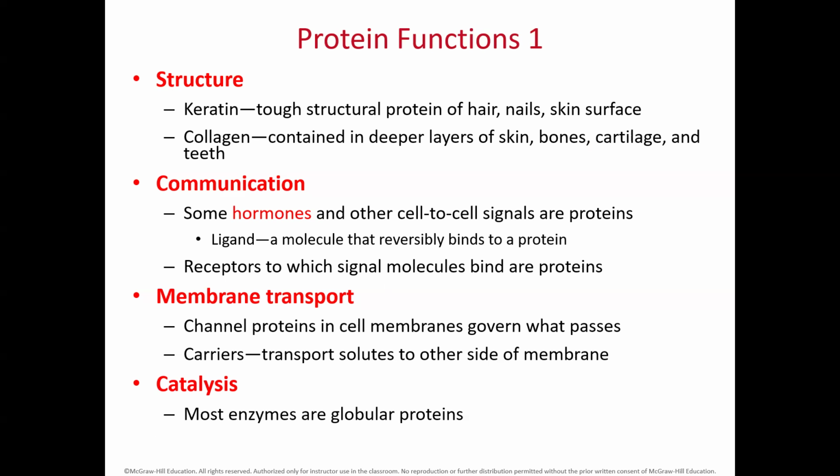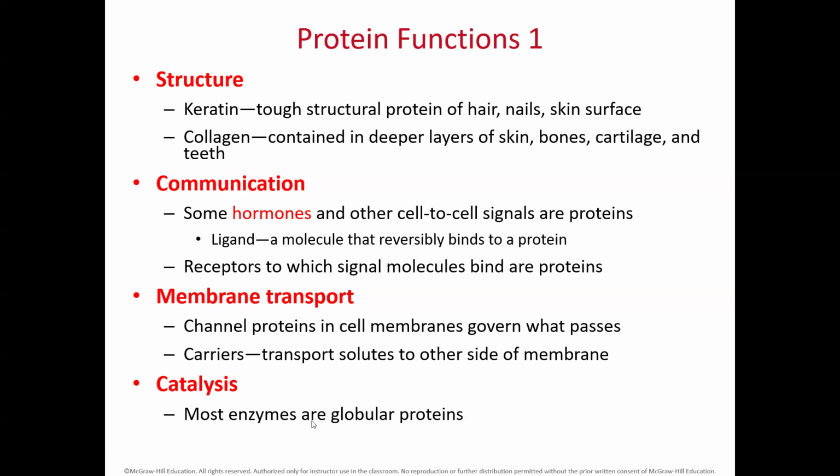Proteins can act as membrane transport, allowing glucose to enter the cells. So when you release insulin, insulin allows glucose receptors to be put into every single cell in our body. These glucose receptors are proteins that allow glucose to enter the cell from the bloodstream.